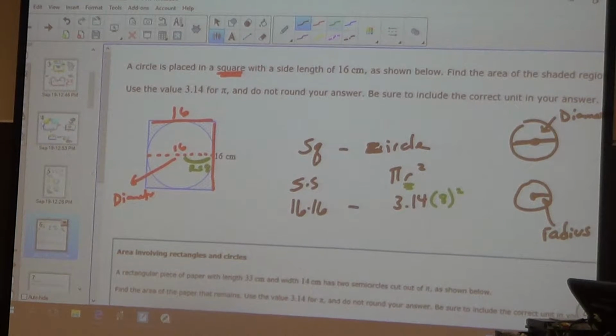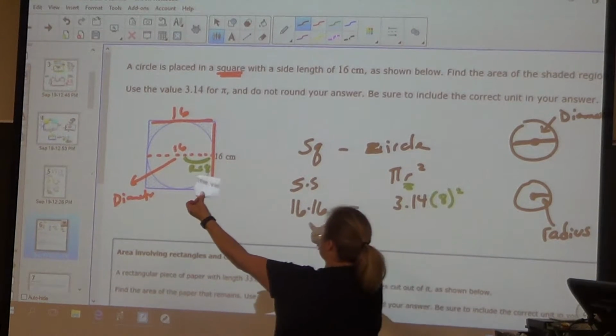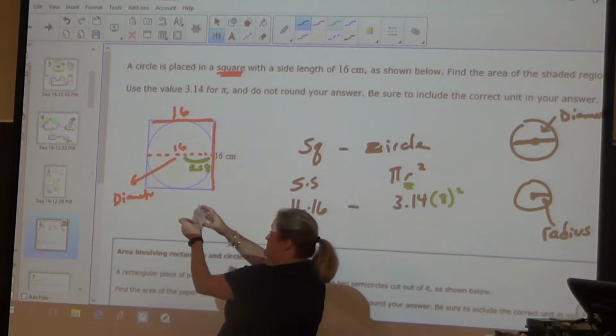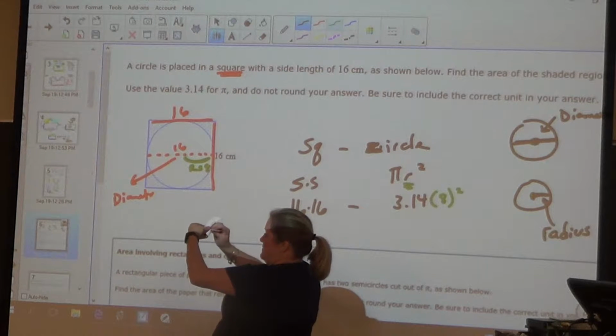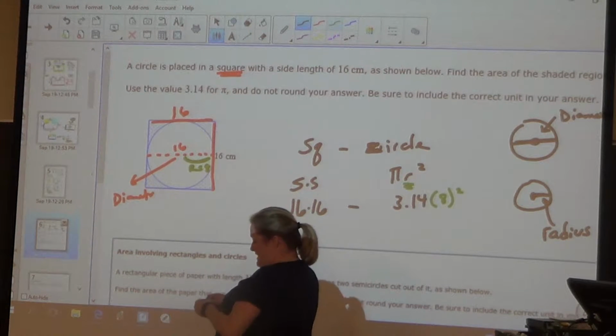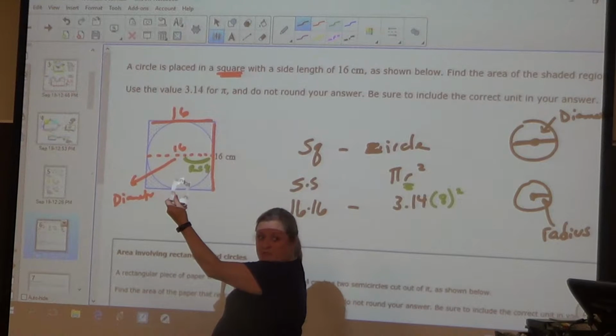So we have a square, which is here, which is my 16 by 16. And if I take away my circle, which is here, that's what I'm going to be left with.